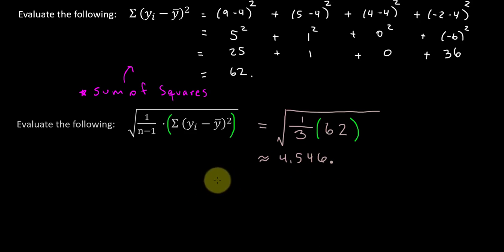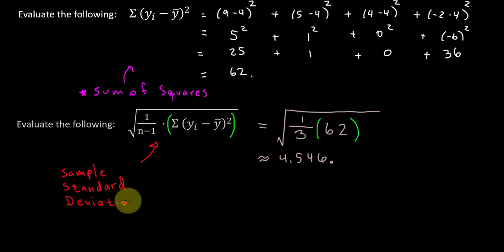So we're going to see what this is in the upcoming sections of our course. This does have a name. This is called the sample standard deviation. And now that you know how to compute it, our next video will be dedicated to describing what on earth is this thing. See you there.